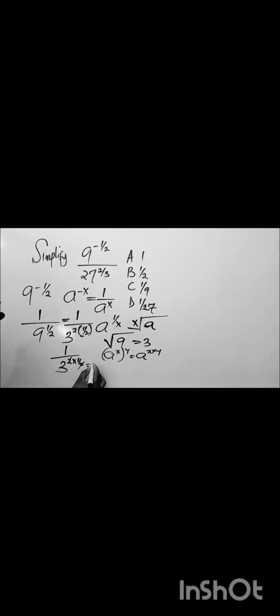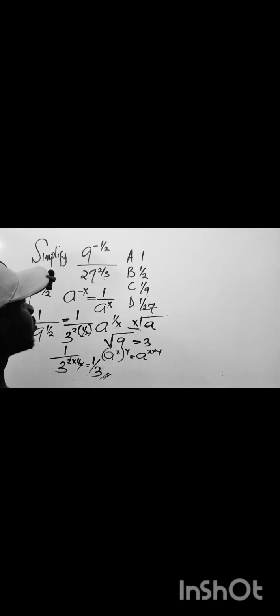We are left with 1 over 3 raised to power 1, and 3 raised to power 1 is 3. So you can see both give us the same thing. This forms a square root of 9, which is 3, so we have 1 over 3. Up here, we have simplified this and got 1 over 3.